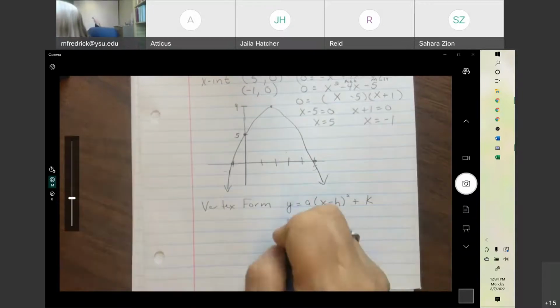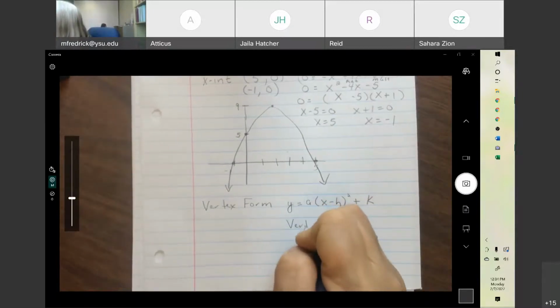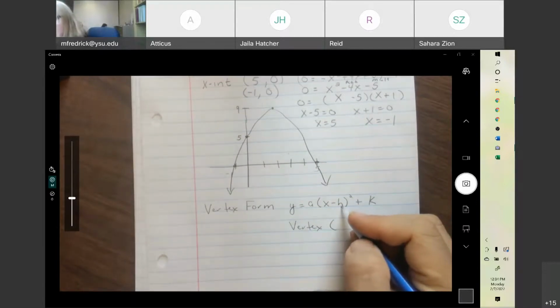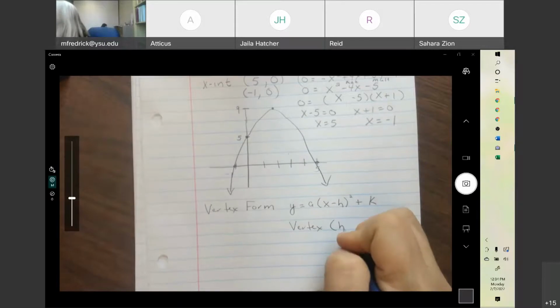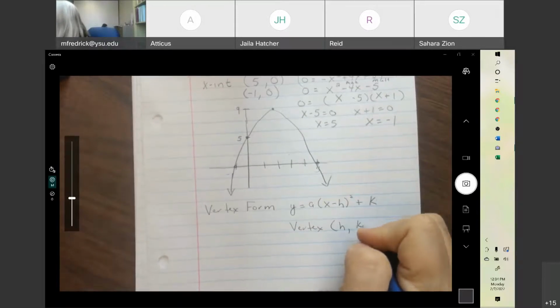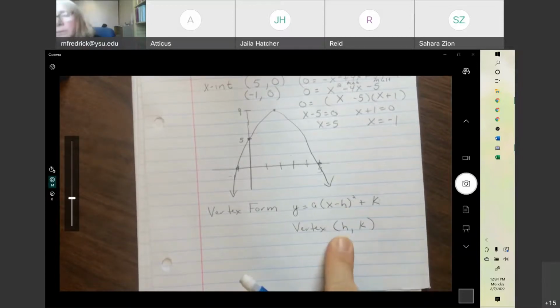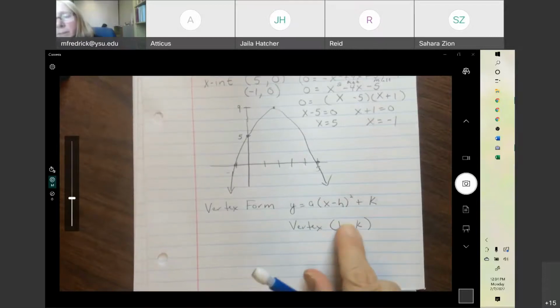And to get the vertex, it's the opposite of the value inside, so opposite of h, and then the same sign as k. So when you pull h out, you change the sign, but k stays the same sign.